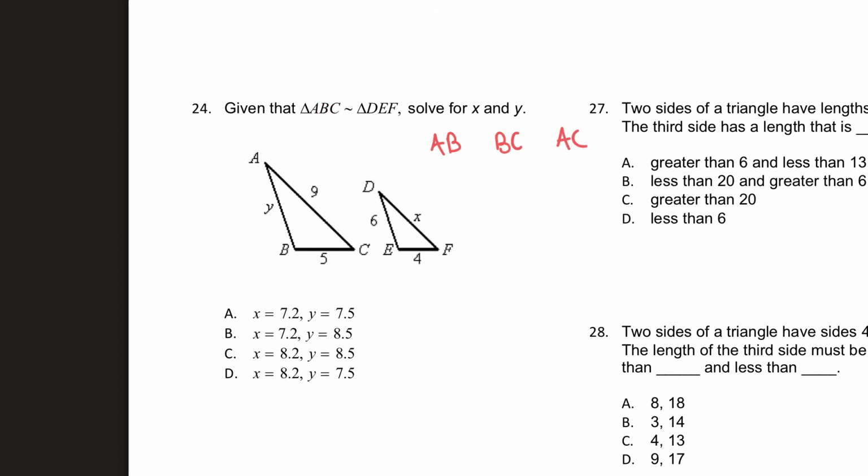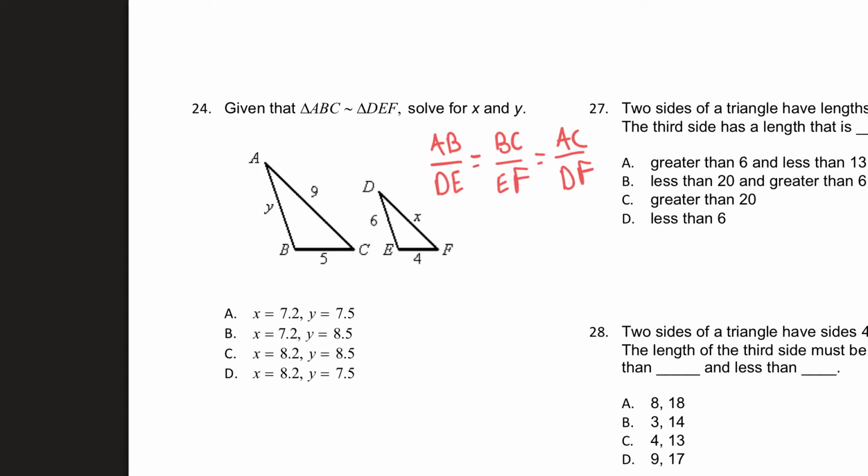AB, BC, and then AC is similar to DE, EF, and DF. I always follow the same procedure when I do that, so I know that everything will match up perfectly. So AB over DE equals BC over EF equals AC over DF.